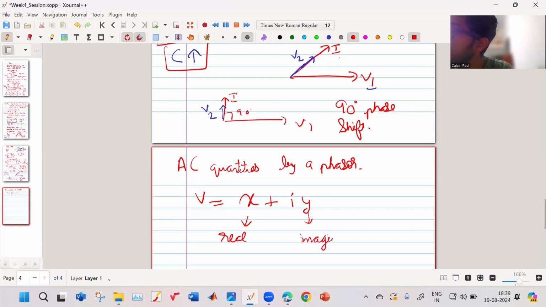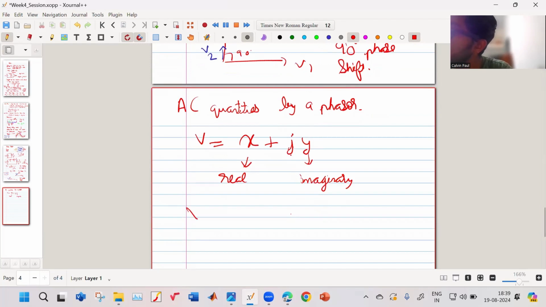For phasor, we use j. Or we can write V as R angle theta, where R is the effective magnitude and theta is the phase.